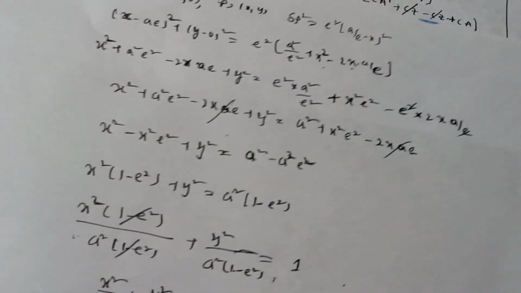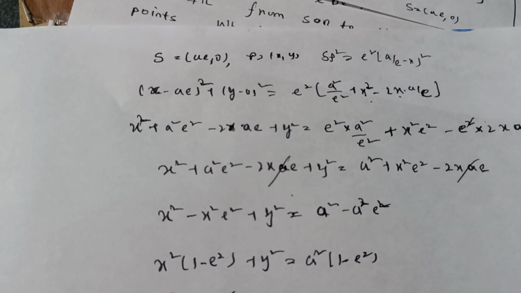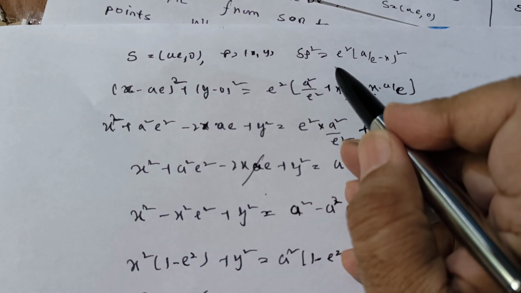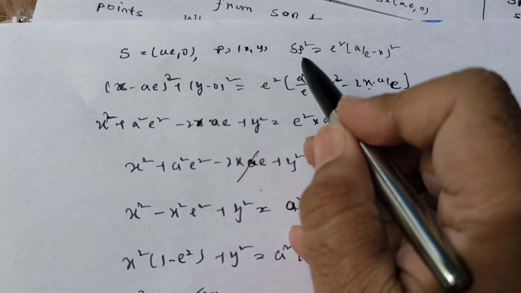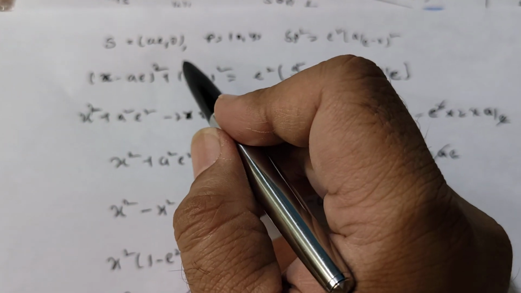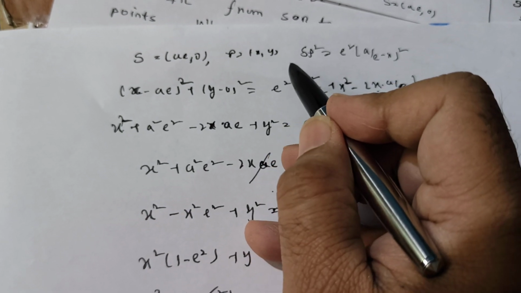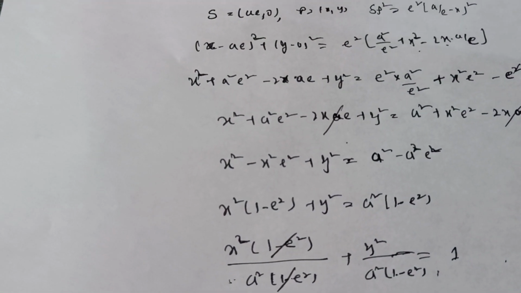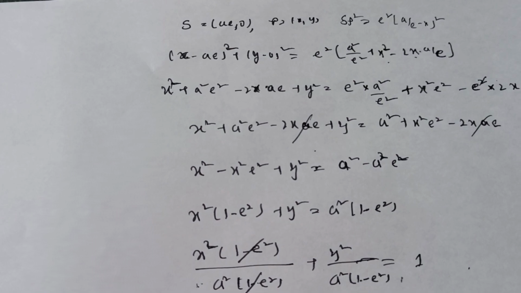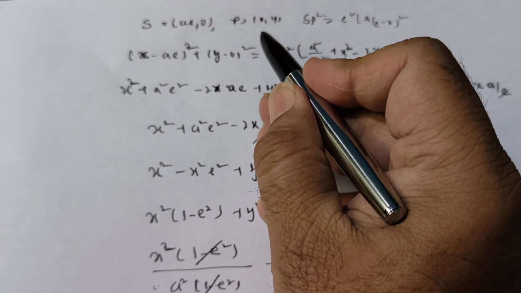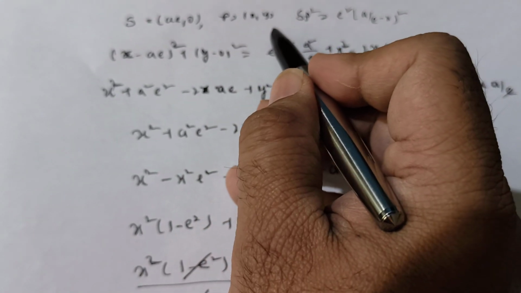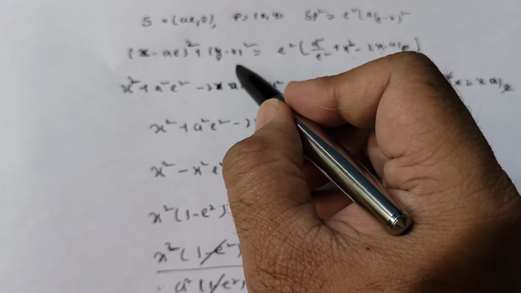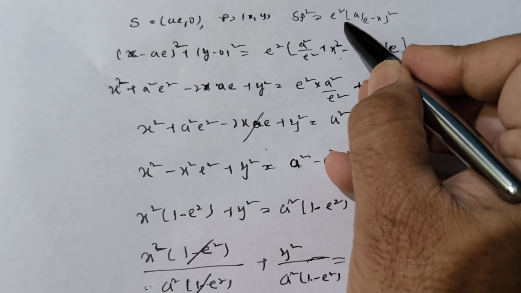Now we start going with the last one. SP square is equal, continuing, to E square into A by E minus X whole square. What does S stand for? AE comma 0. What does P stand for? X comma Y. Now let us catch up on this quickly. X2 minus X1 whole square, that is X minus AE whole square, plus Y2 minus Y1 whole square, that is Y minus 0 whole square.